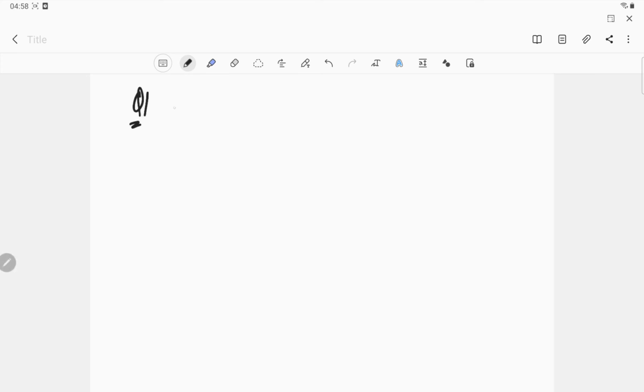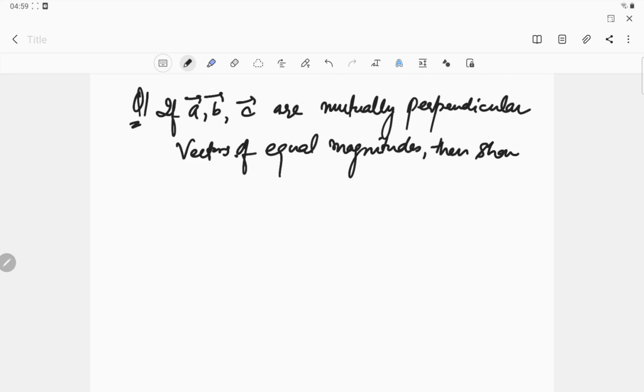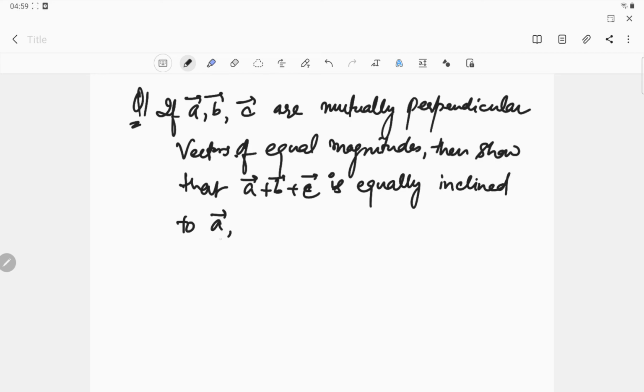So the question number 1 I'm giving you is, if A vector, B vector, C vector are mutually perpendicular vectors of equal magnitudes, then show that A vector plus B vector plus C vector is equally inclined to A vector, B vector and C vector.